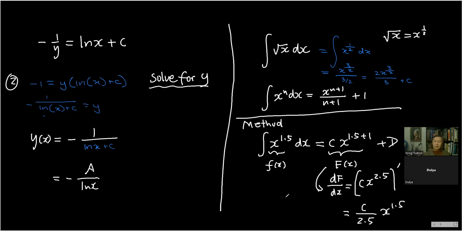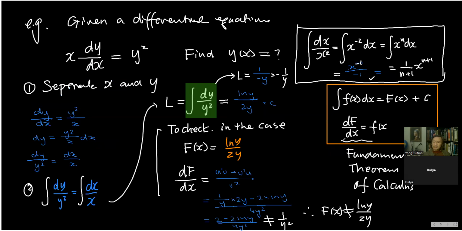Okay. We know that in this case, small f(x) is equal to x to the power 1.5. Do you agree? Now, according to this fundamental theorem, the first derivative of capital F(x) must equal the lowercase f(x), right?